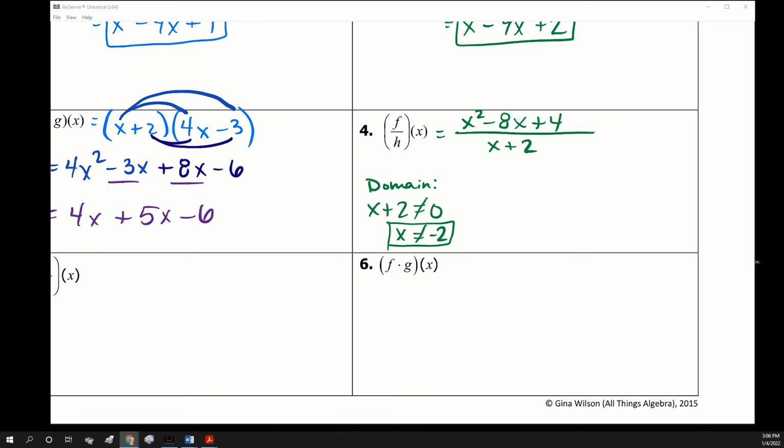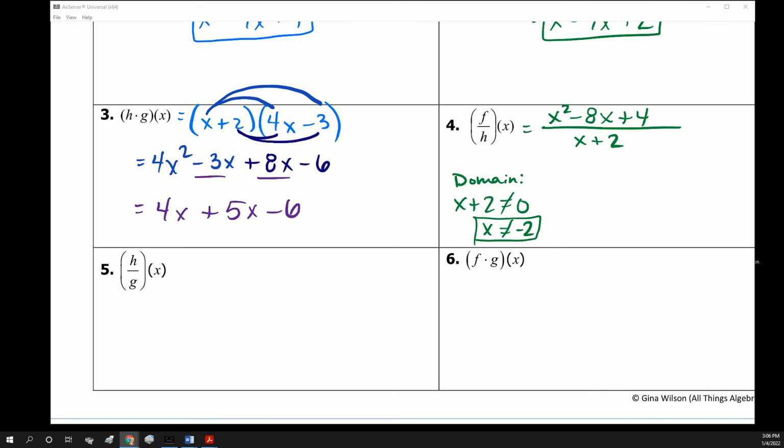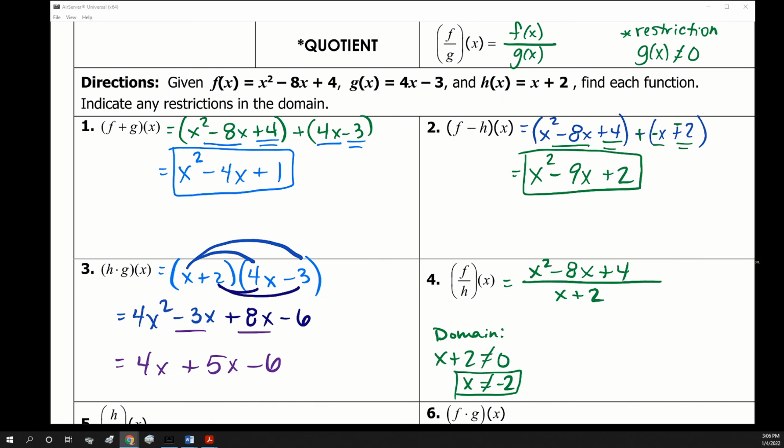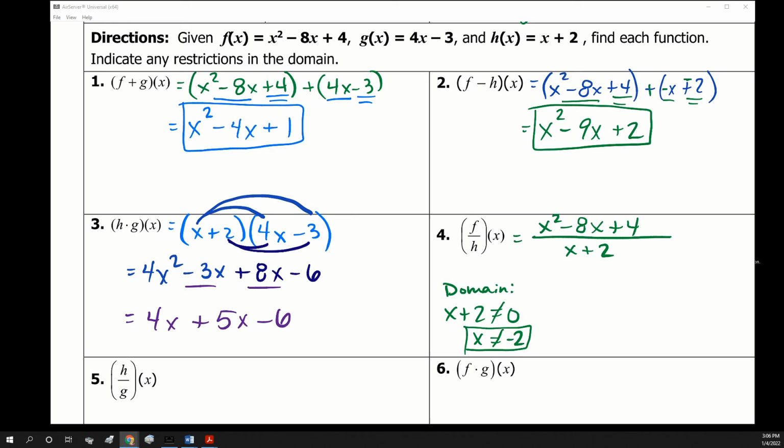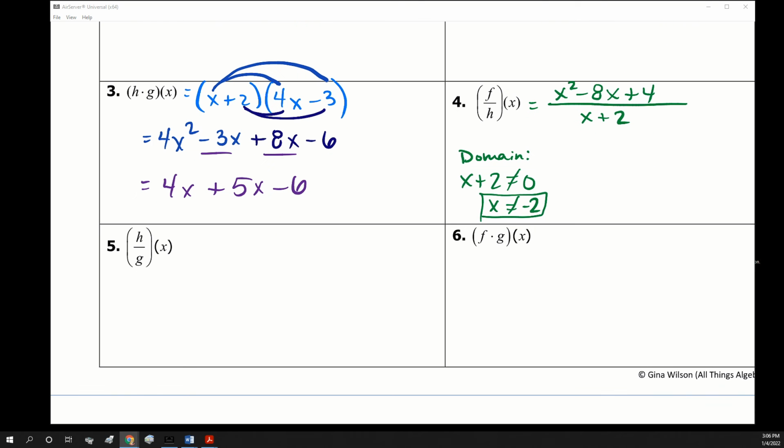Okay, let's look at 5. On 5, they ask us to take h and divide it by g. So h is x plus 2, g is 4x minus 3. So all I have to do is put h on top of g. And that's it.